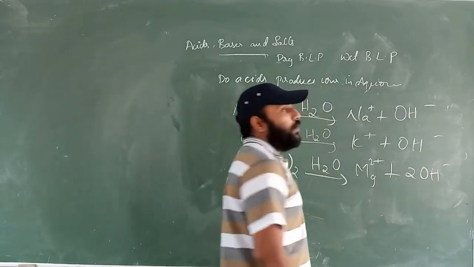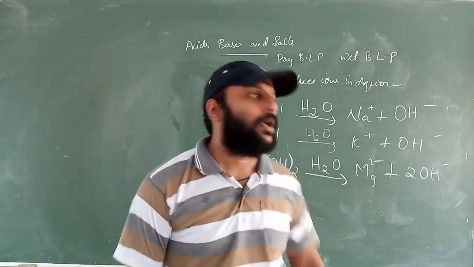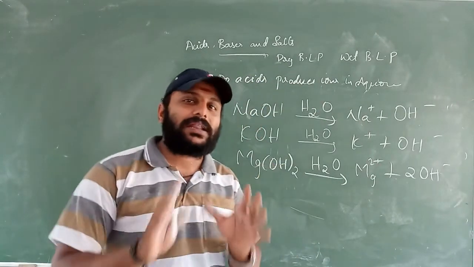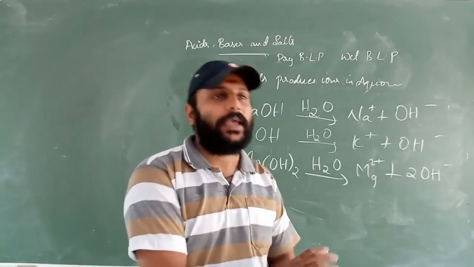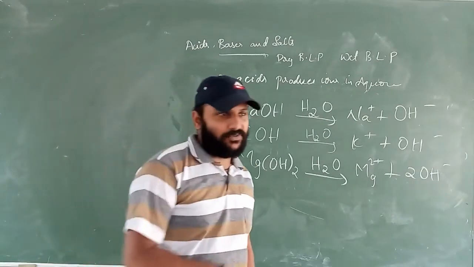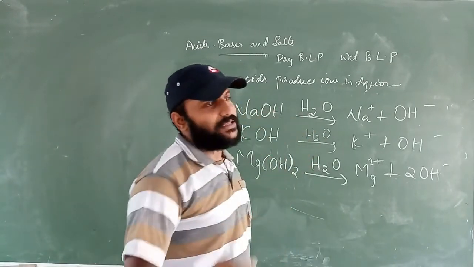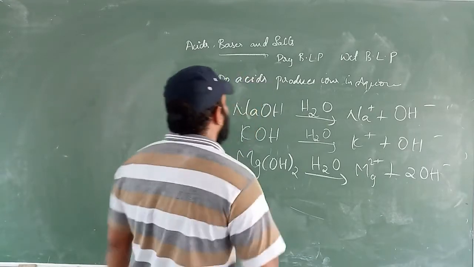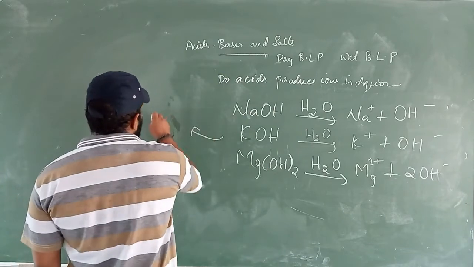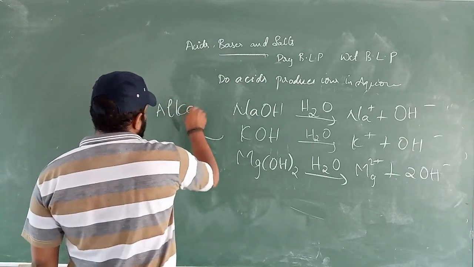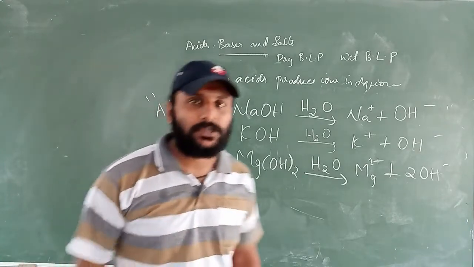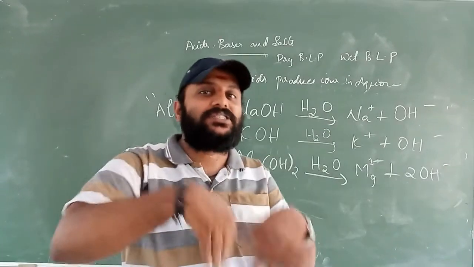You have to remember that all bases will not react with water. Only a few bases will react with water. Whatever bases dissolve in water, that basic solution is called alkalis. Which are called alkalis? Only those bases which dissolve in water.